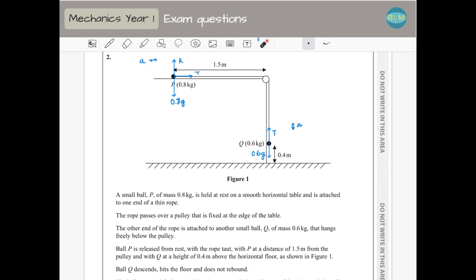Then, to find the acceleration, we always do the same. We are going to write an equation of motion for this particle and an equation of motion for this one. We will have two unknowns, T and A, and we will just eliminate T to find A. So I'm going to do that.